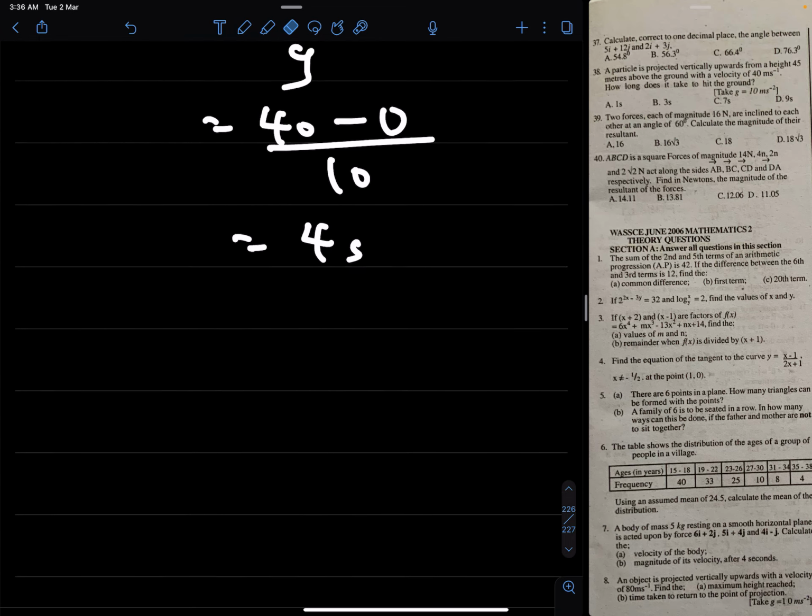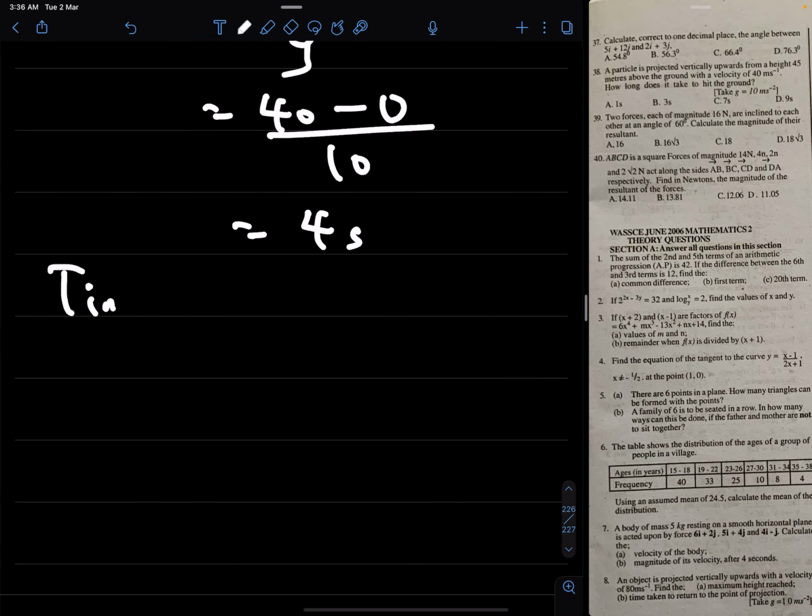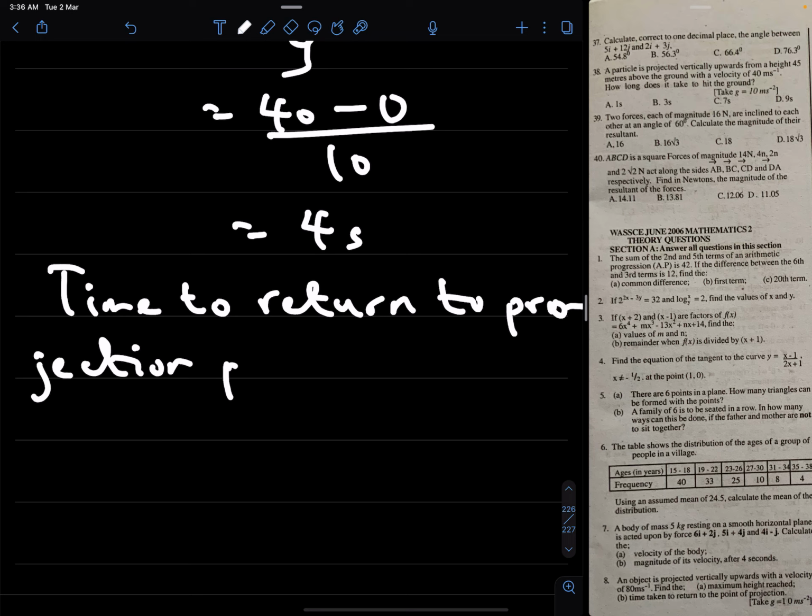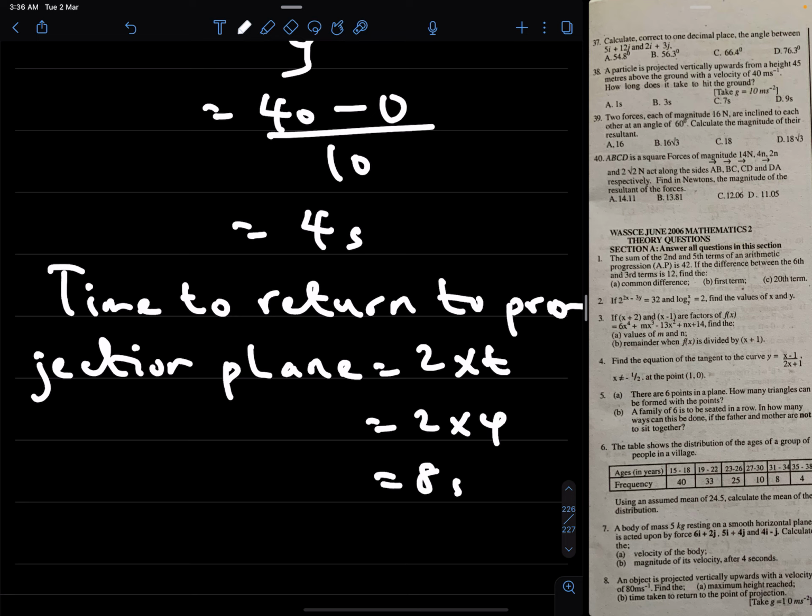So that means time to return to the projection plane equals 2 times T, which is 2 times 4, and that's 8 seconds.